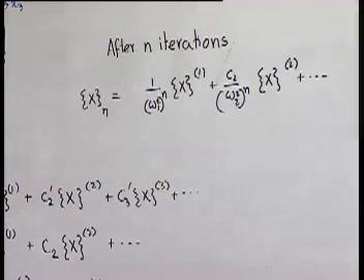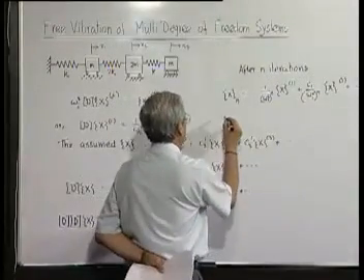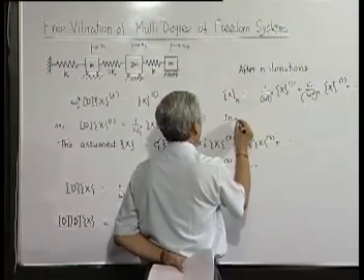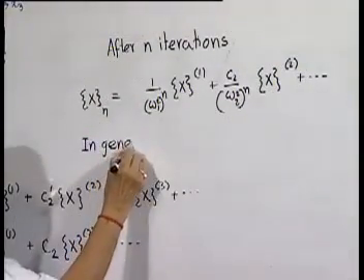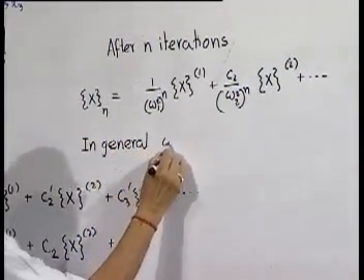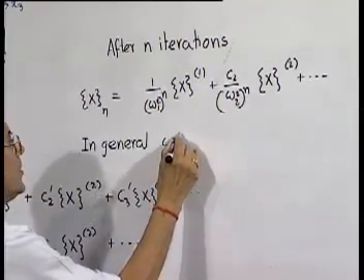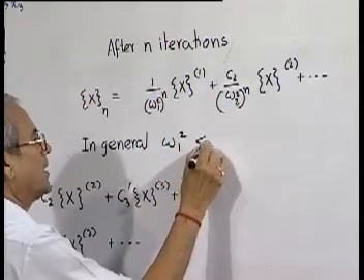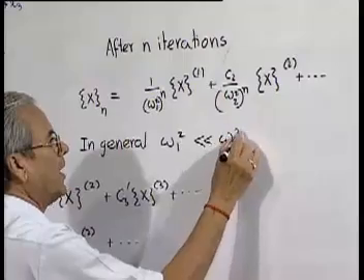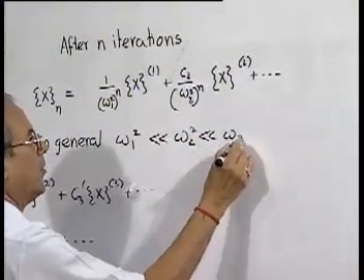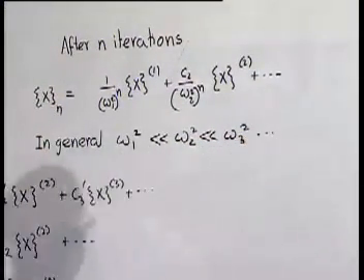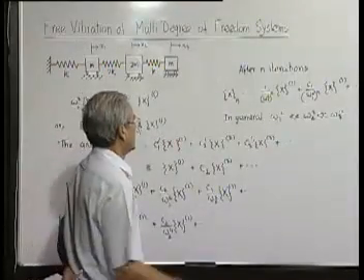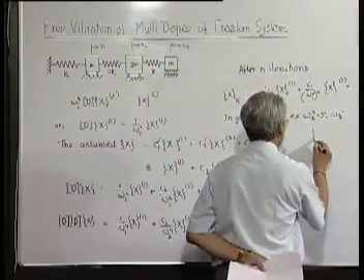Now, we should notice that in general, omega 1 square is much less than omega 2 square is much less than omega 3 square and so on. So what will happen?